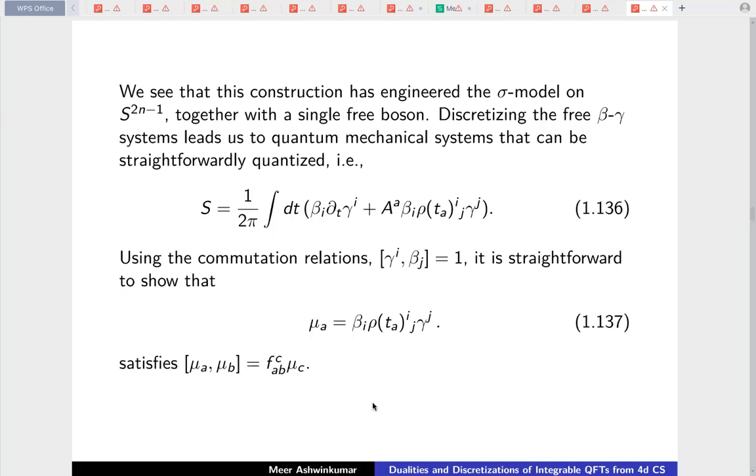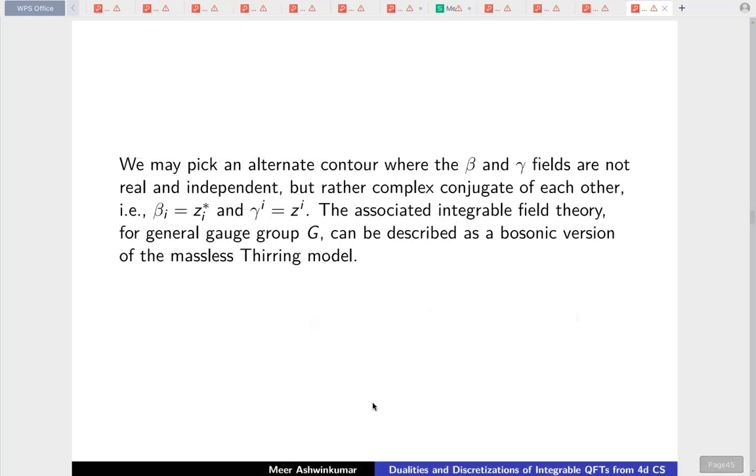And a convenient approach to studying these surface defects is to choose beta and gamma to be complex conjugates of each other. So I say that beta is z star and gamma is z. And then the associated integrable field theory will just be a bosonic version of the Massive Thirring model that we saw earlier.